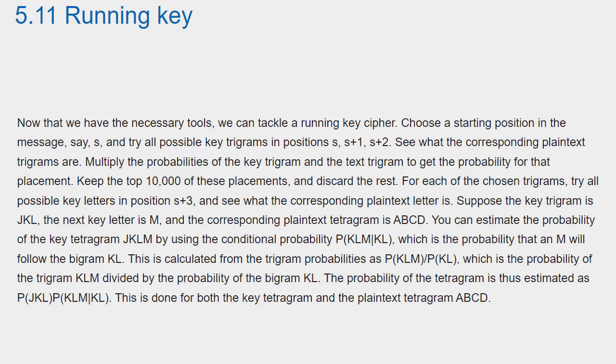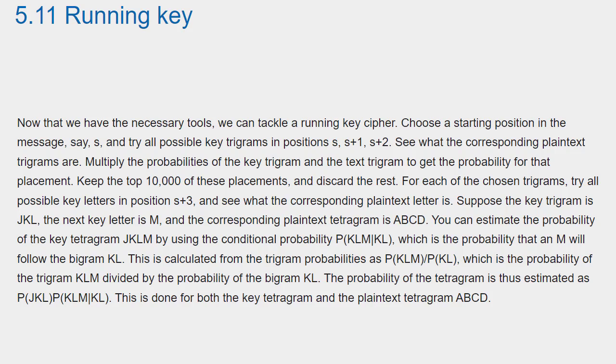For each of the chosen trigrams, try all possible key letters in position S+3 and see what the corresponding plain text letter is. Suppose the key trigram is JKL, the next key letter is M, and the corresponding plain text tetragram is ABCD. You can estimate the probability of the key tetragram JKLM by using the conditional probability P(M | K, L), which is the probability that an M will follow the bigram KL.